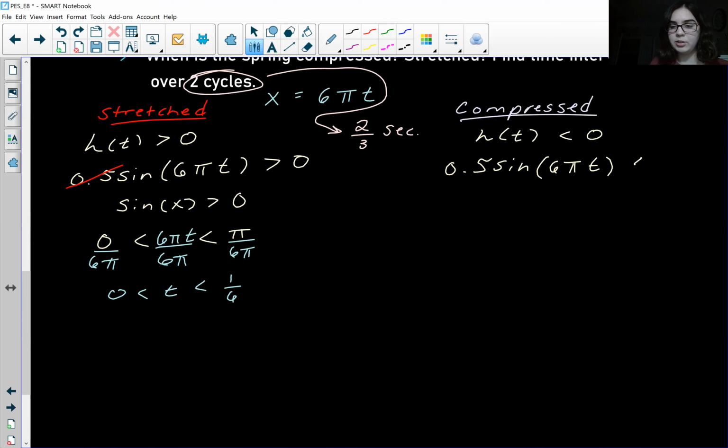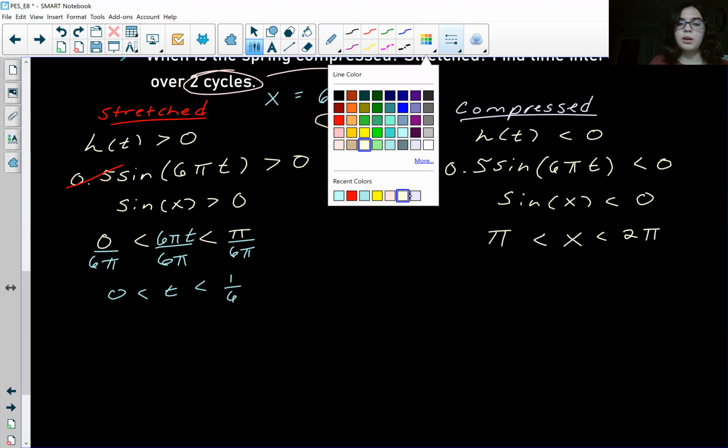I'm going to do a shortcut and get us down to the sine of x portion. So where is sine of x less than 0? x is going to be in between pi and 2 pi, if you look at the unit circle.